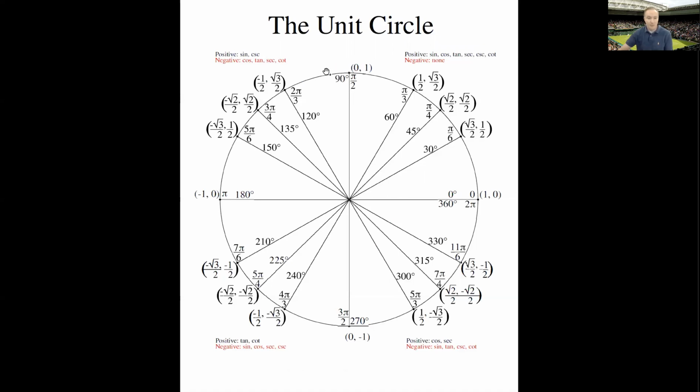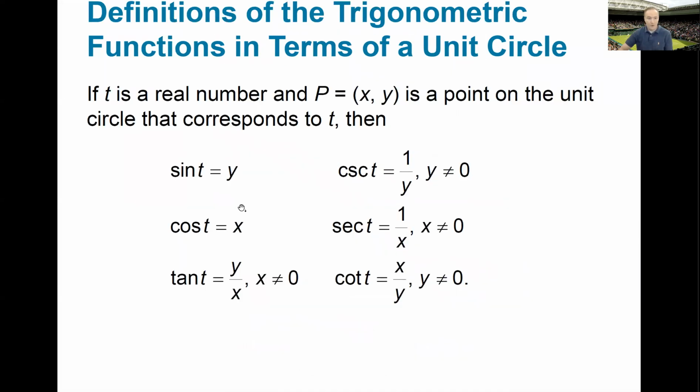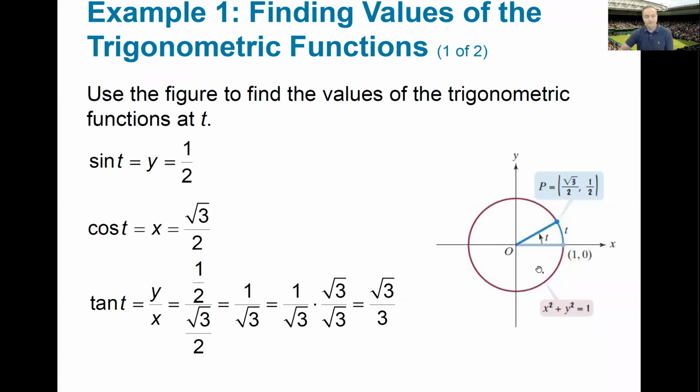Or what's the tangent of pi over 2? Does not exist. What's the tangent at 3 pi over 2 or 270? Does not exist because its denominator would be 0. Similarly, the cotangent would be undefined at 0 or at pi radians. So we just have to make sure that their denominators are not 0. And if they are, they're just undefined at those angles.